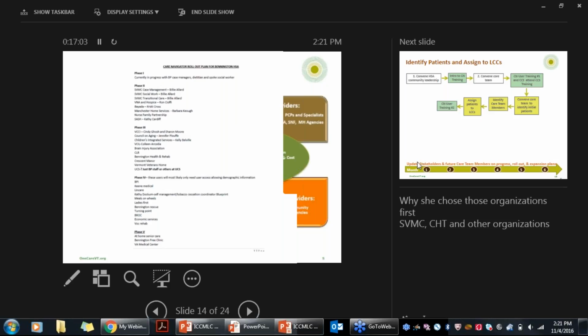So their goal is to have that team know the system, and then in phase two, they'll invite in this second wave of individuals, and then they have the phase three organizations, phase four, and phase five individuals. It seems to be working well, and they are getting to know the system, and then they can help others learn the system as well.